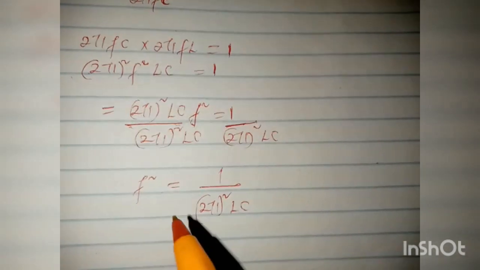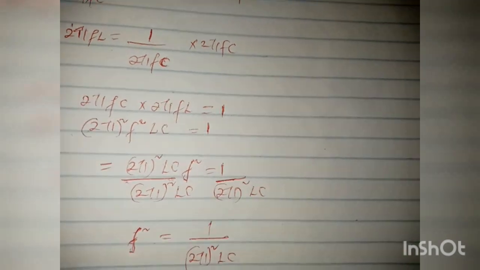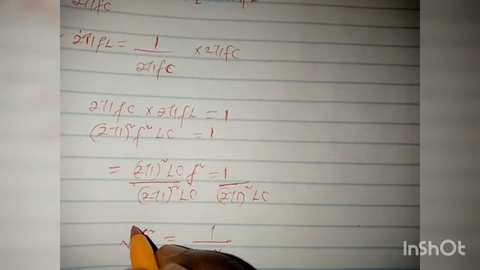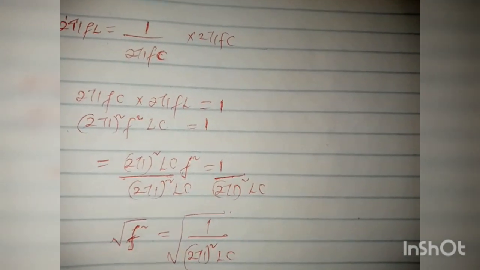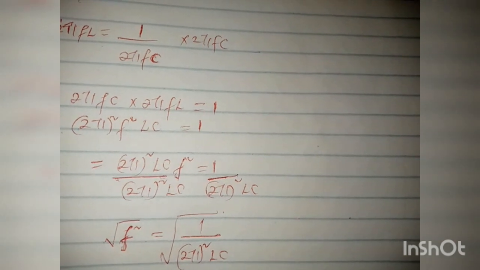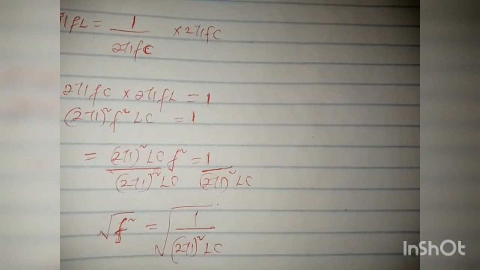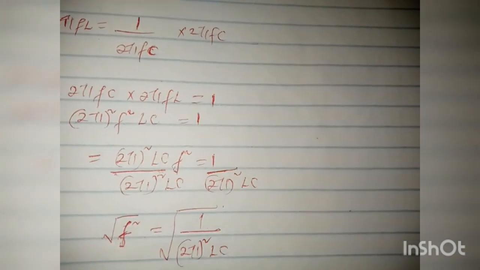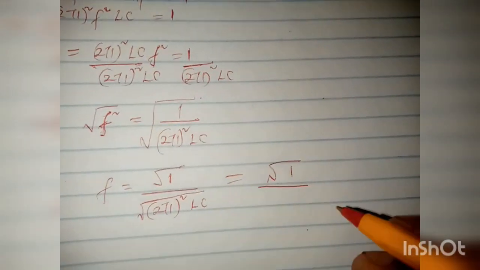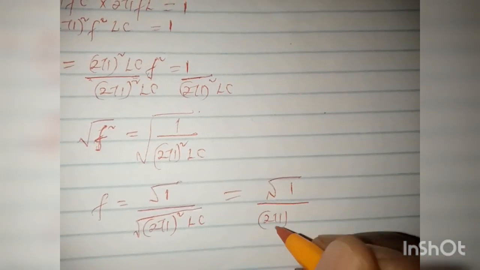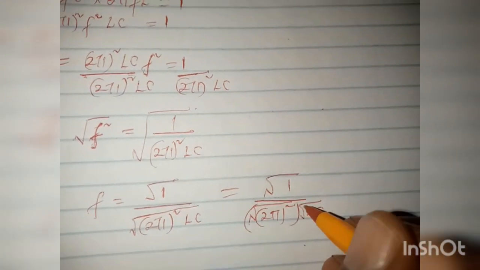So to find an expression for F alone, we find the square root on both sides. Therefore we have F is equal to the square root of 1 over (2 pi) squared LC, which is the same as the square root of 1 over the square root of (2 pi) squared LC.